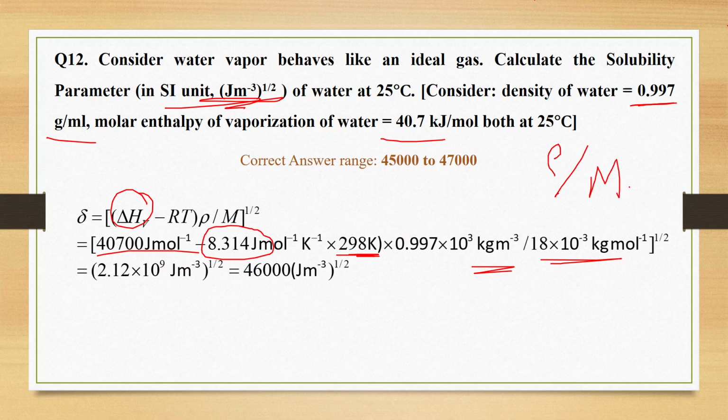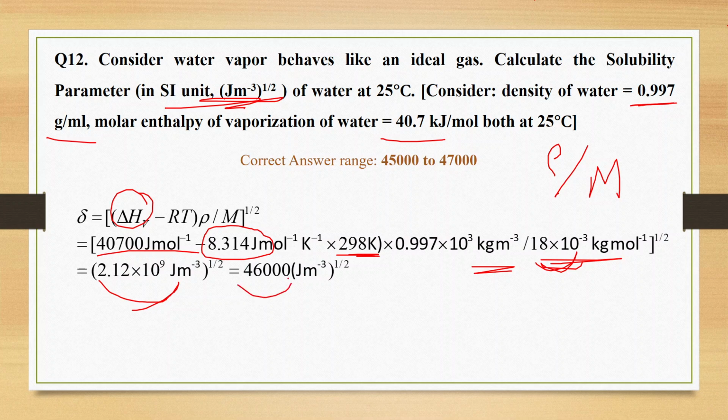Now we know that M for H2O is 18 if it is in gram, so it is not kg. Again, you have to convert that into kg as well, so you need to multiply it by 10 to the power minus 3. If you have done all the conversions correctly, you should end up with a value like this.